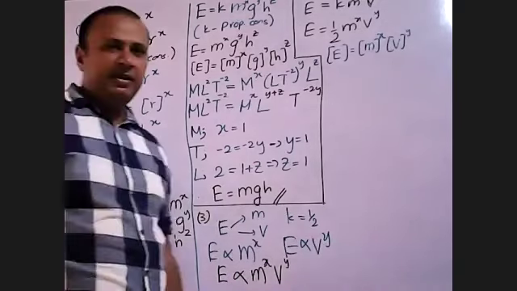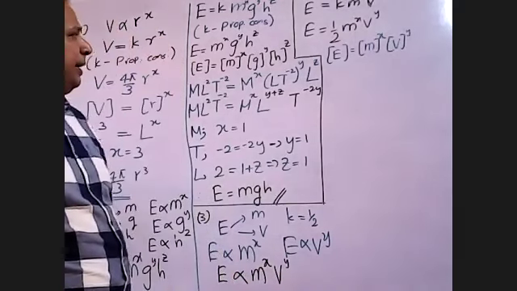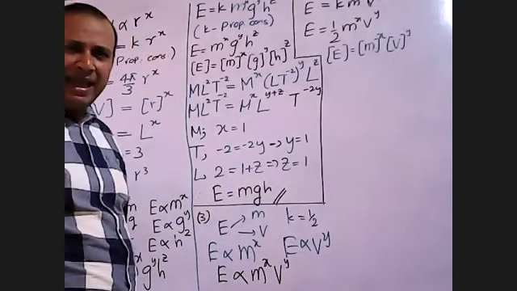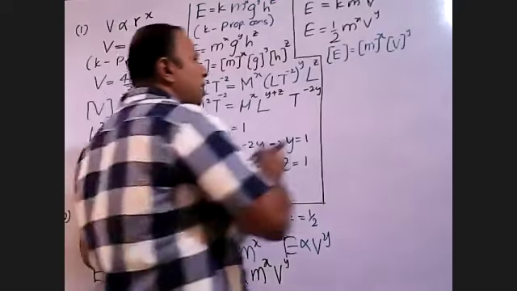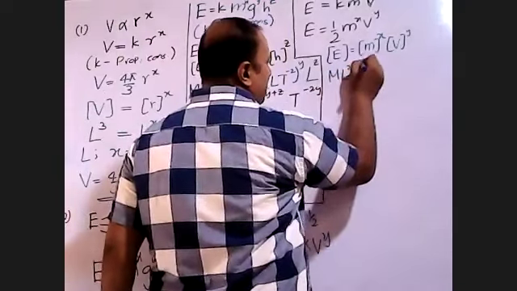Again, the dimension of energy is equal to M L squared T minus 2. The dimension of m is M to the power x. The dimension of v is velocity, that is L T minus 1, L T minus 1 to the power y.